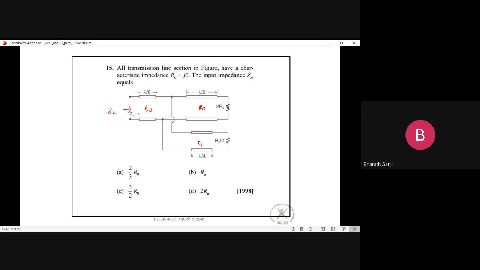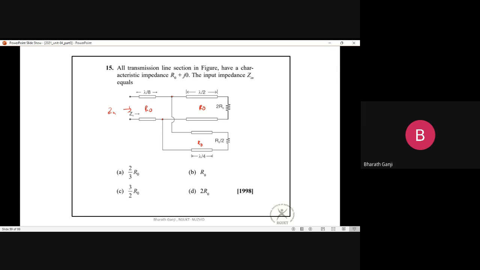So the one answer is C. Sir, R naught. Okay. Gautam says it's R naught, and Virbabu says it's A. Hmm. Okay. So let me solve the question.